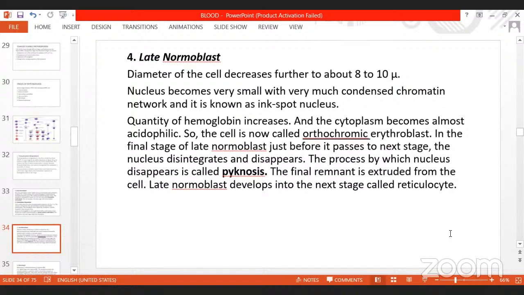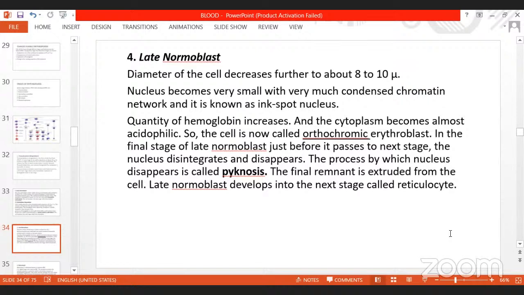We can't say there is a specific basophilic color, and the quantity of hemoglobin starts increasing, and the cytoplasm becomes almost acidophilic. So it is known as orthochromic erythroblast.